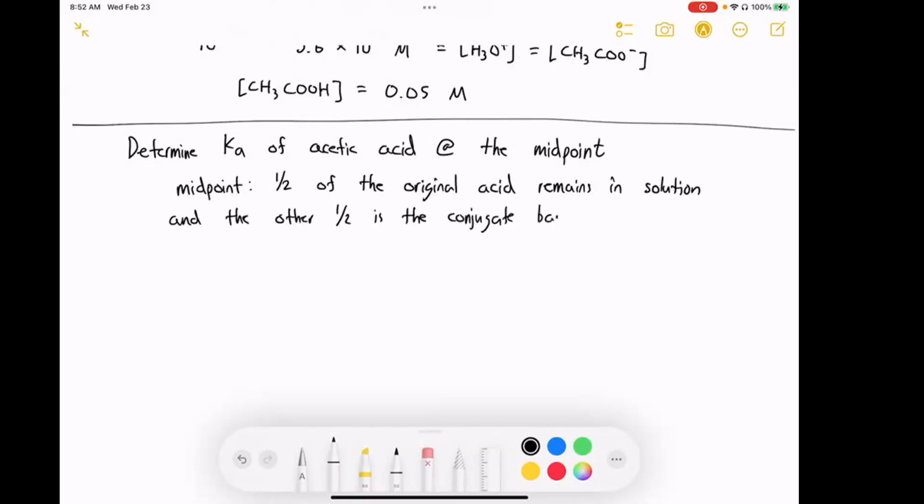So in this case, our conjugate base is acetate, CH3COO minus.